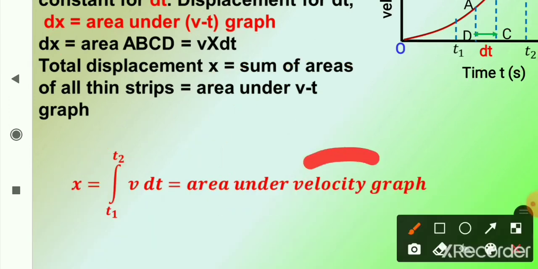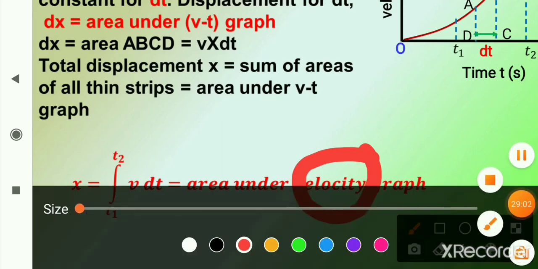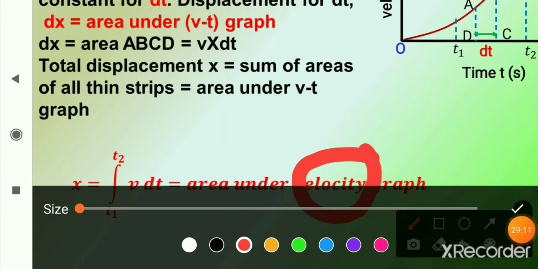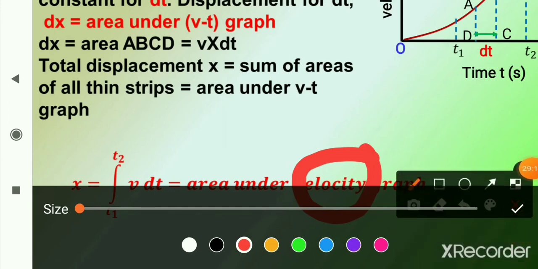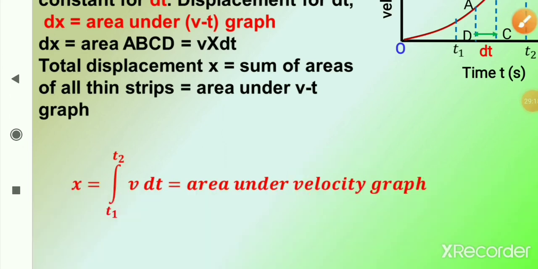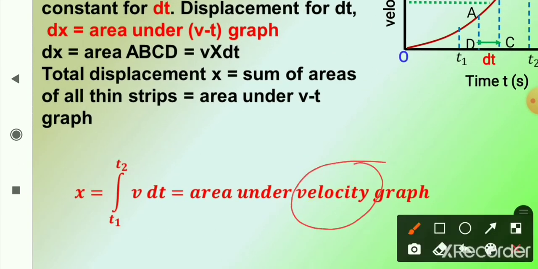Sorry, this is the area under the velocity time graph.